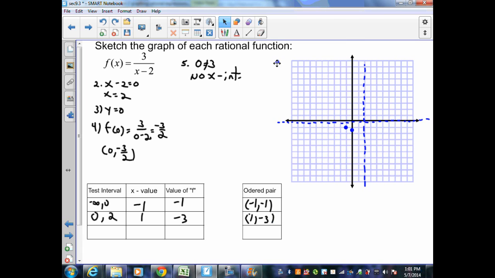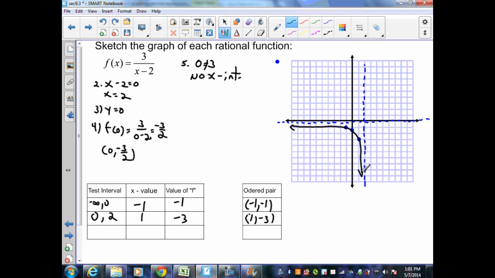And I can plot 1, negative 3. And I think we're good on this side. I think we can see that my function on this side is going to decrease from negative infinity to my vertical asymptote.